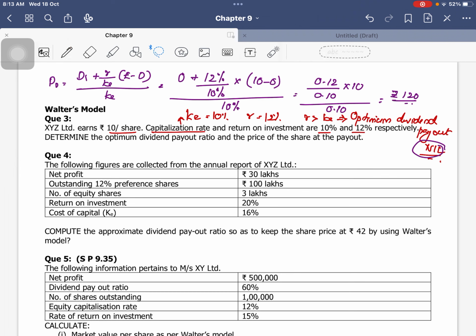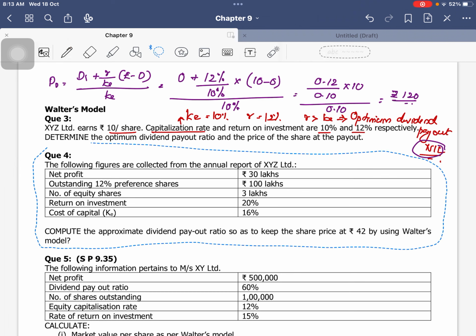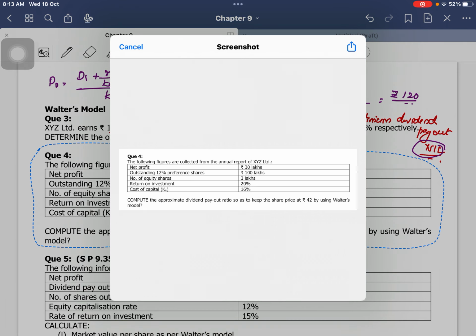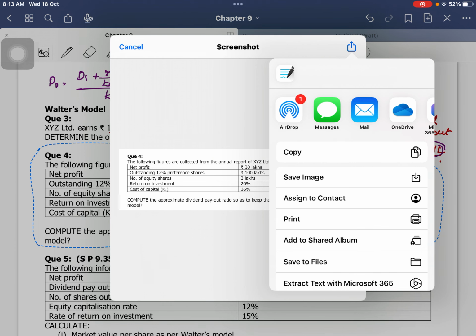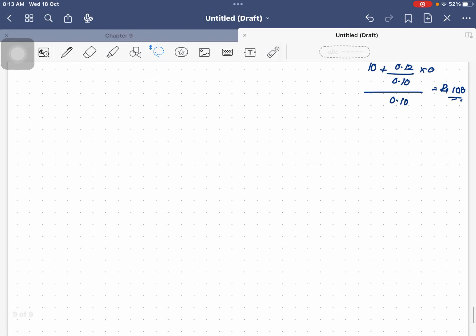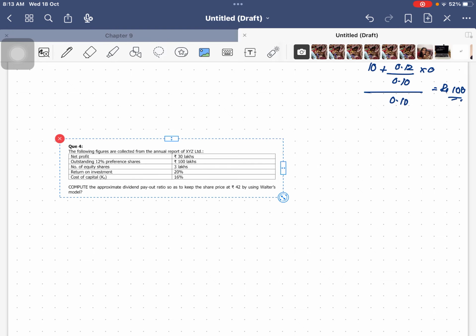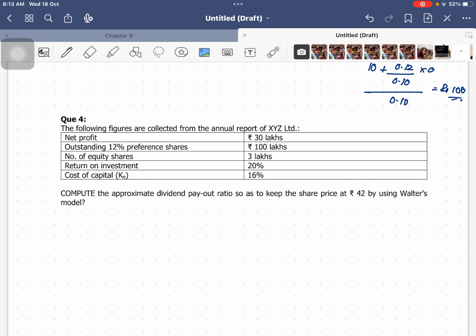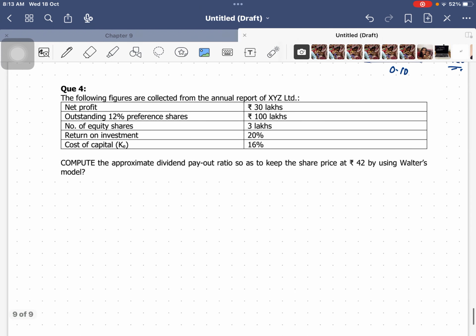So let's take this problem here. Following are the figures collected from the annual report of XYZ Limited.